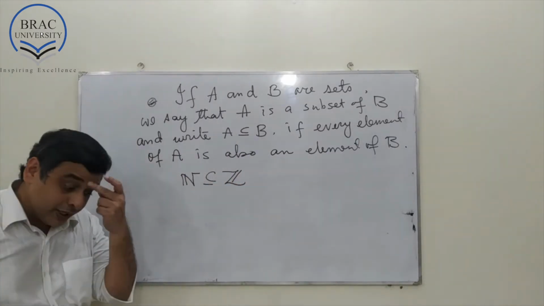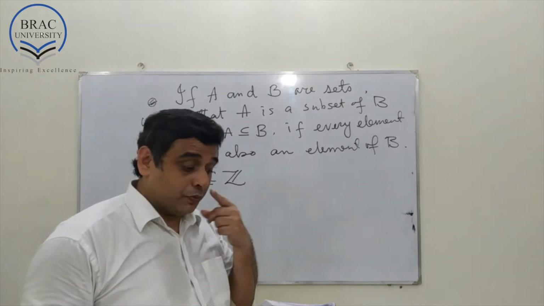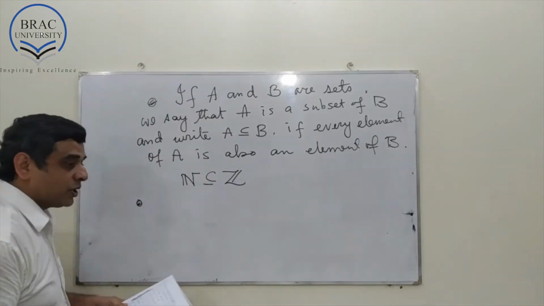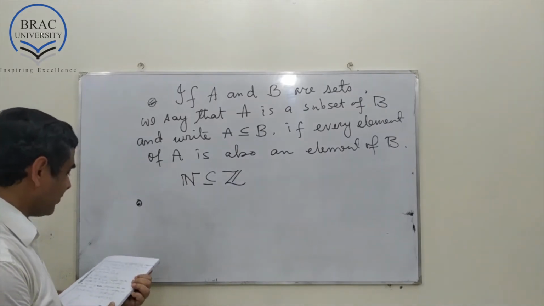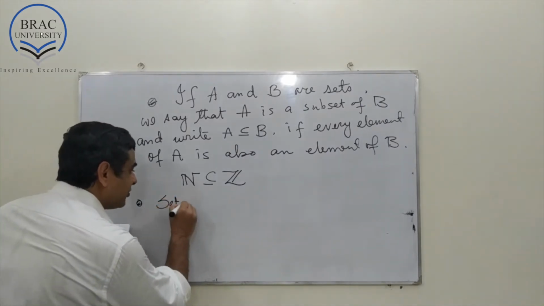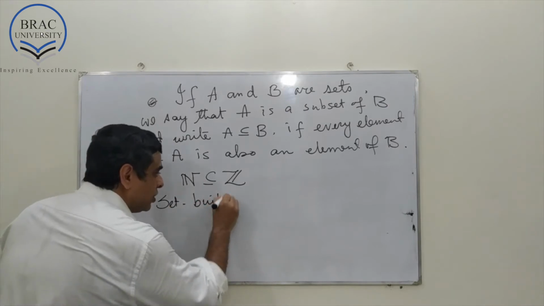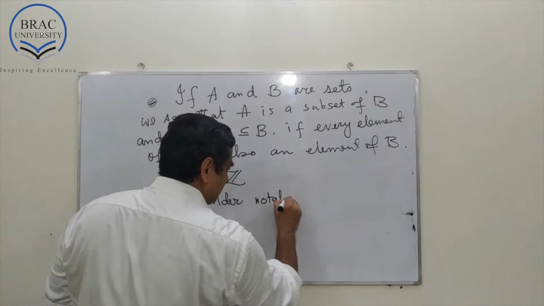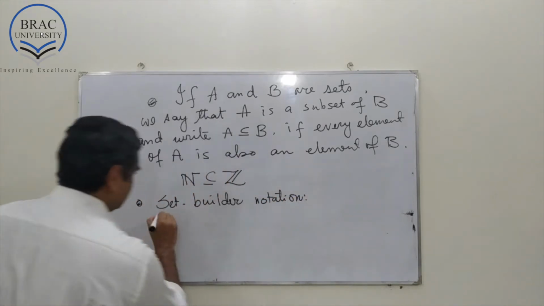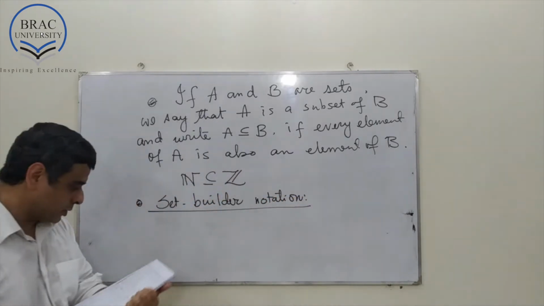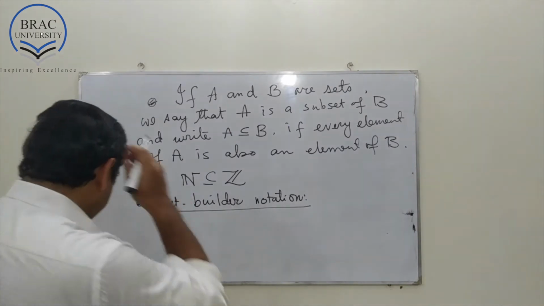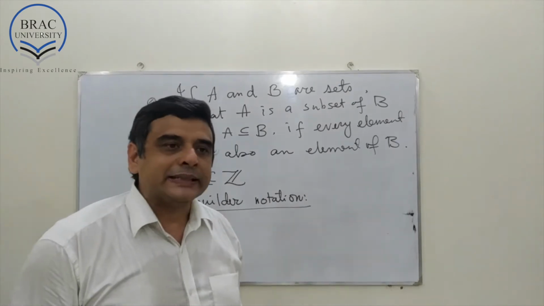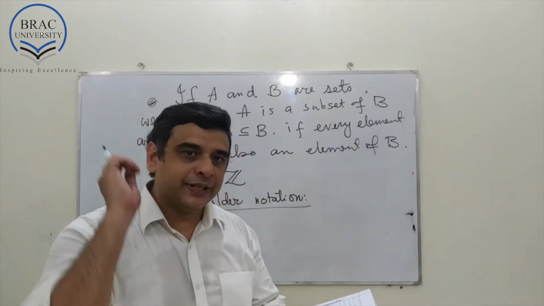Okay, so now we come to the notion of set builder notation. It is another notation to denote certain sets, which is called set builder notation. Okay, so now let us try to denote the set of even integers.